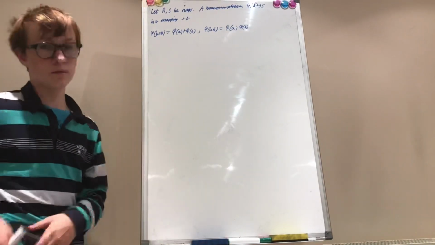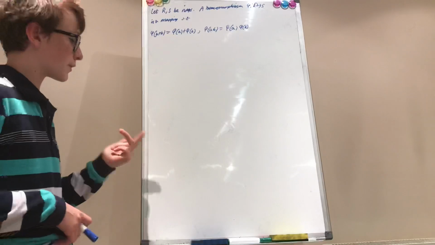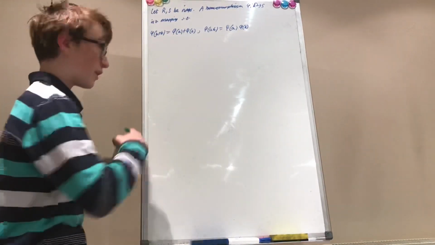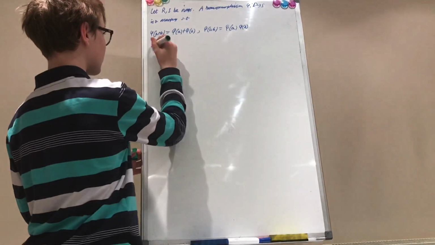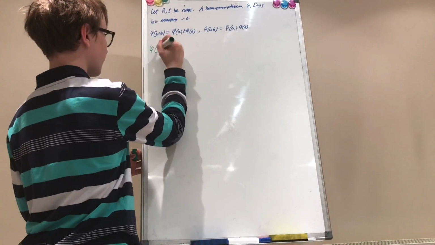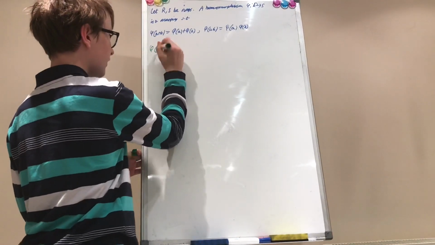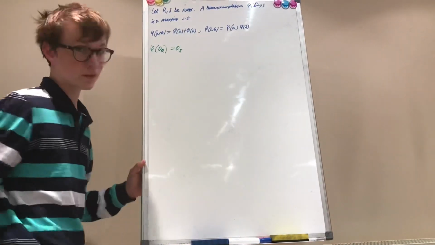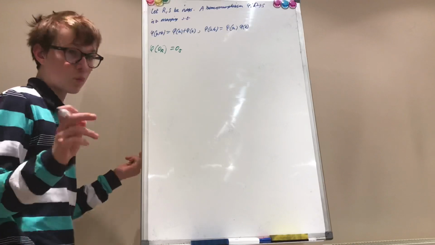Okay, so now, we have some basic properties of these homomorphisms. Number one is that phi of the identity in R is equal to the identity in S. Why is this?